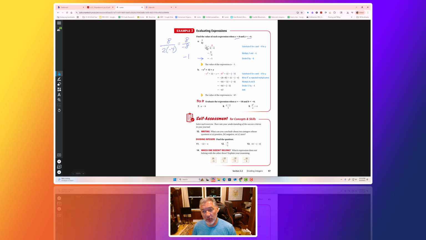For this one, I'm going to plug in these values. So I have negative 8 squared plus 12, and then it's divided by negative 4. Now notice that this isn't in parentheses here, right? So that's why I have negative 8 squared.